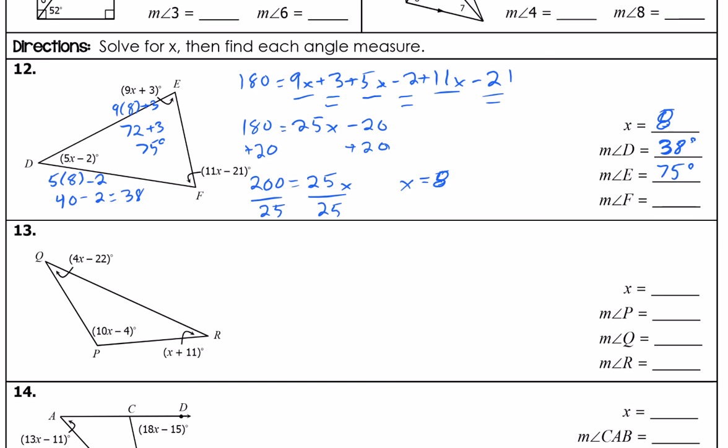And we can even plug into the other one, or we could add those two together and give us our third angle. This would be 11 times 8 minus 21, which is 88 minus 21, which ends up giving us 67 degrees. And just to double check, 38 plus 75 plus 67, when you add all that together, you end up getting 180, so it does check out.